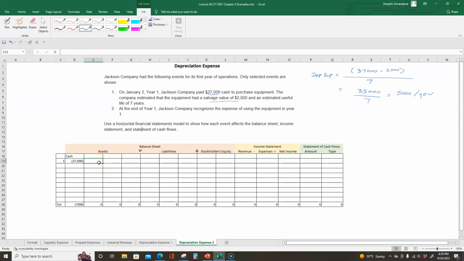Next, instead of looking at the cost, we're actually going to show the book value in the balance sheet. A lot of your questions when you do your homework will show the book value. So book value is cost minus accumulated depreciation. And I'm going to, under assets, show something called book value of equipment.